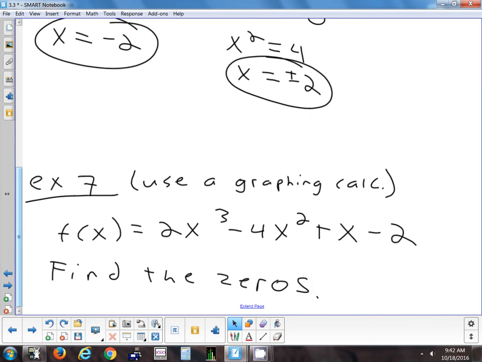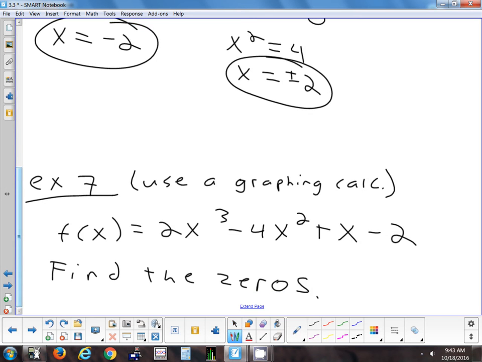Okay, and the last one we'll do just says use your graphing calculator to find the roots. So how many roots, or how many answers, is this problem definitely going to have? Right, it's going to have 3 answers. Now, what we haven't really gotten into yet, and we're not going to until Thursday, is the answers can be real numbers, or they can also be, what kind of numbers are not real?